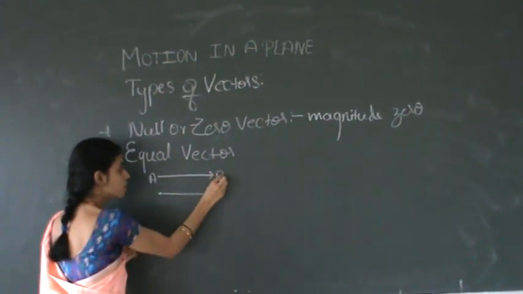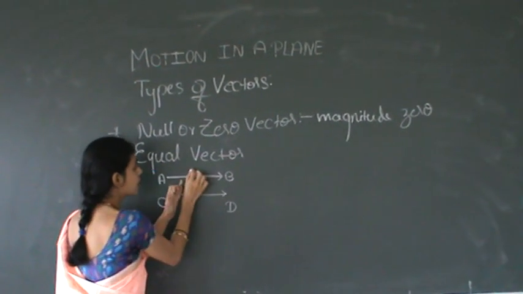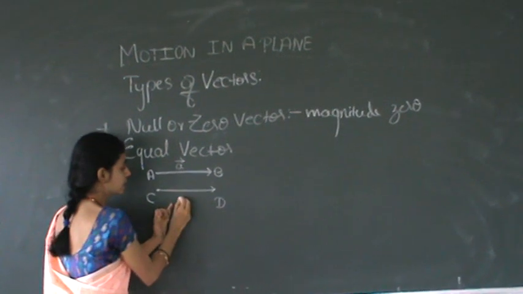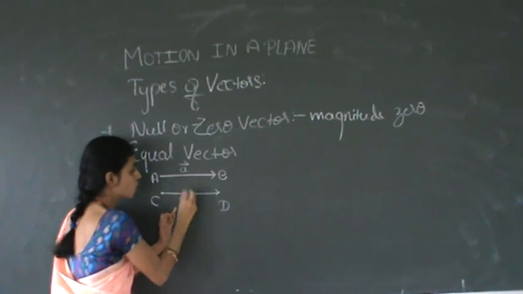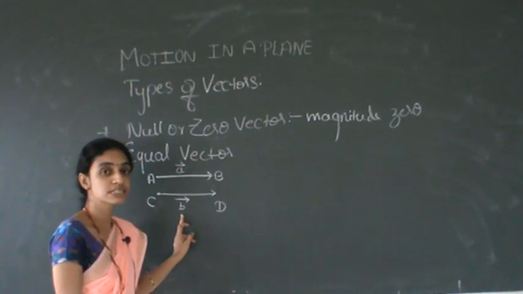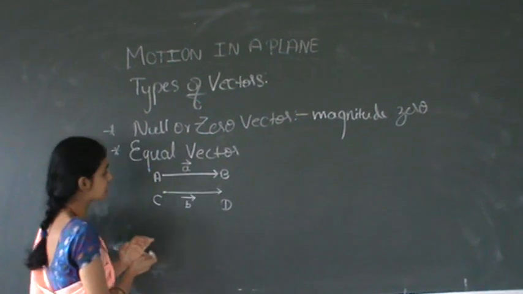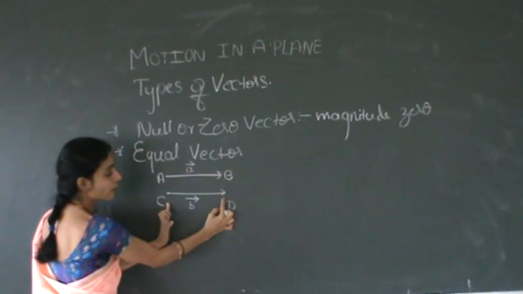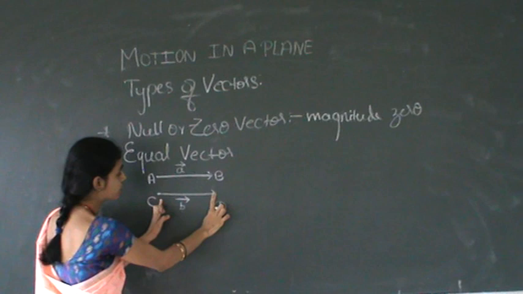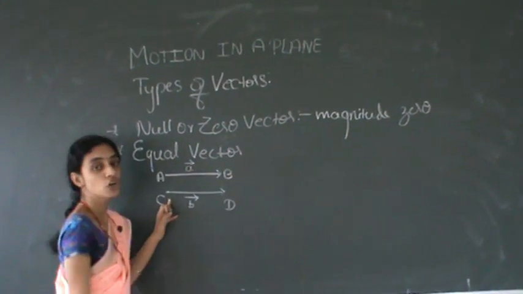A, B, C, D. AB represents vector A, and CD represents vector B. In this diagram, the magnitude value, the line segment value, is the same, and direction is also the same.